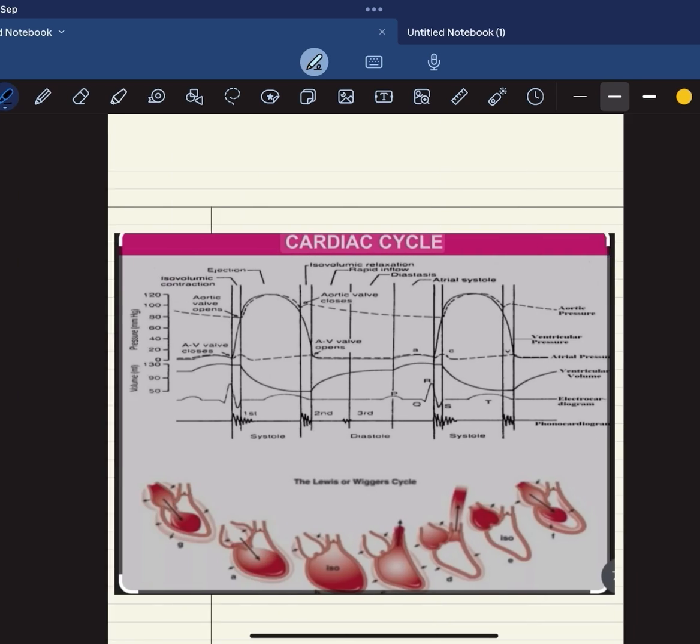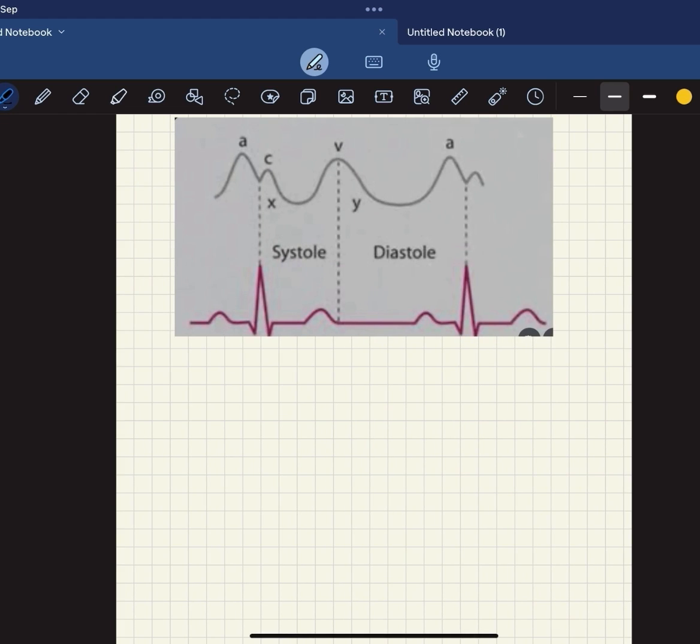So let's see the JVP first of all. In JVP we have the A, C, X, V, Y, where we have three positive waves, that is A, C and V, and the X and Y descents are the negative waves.